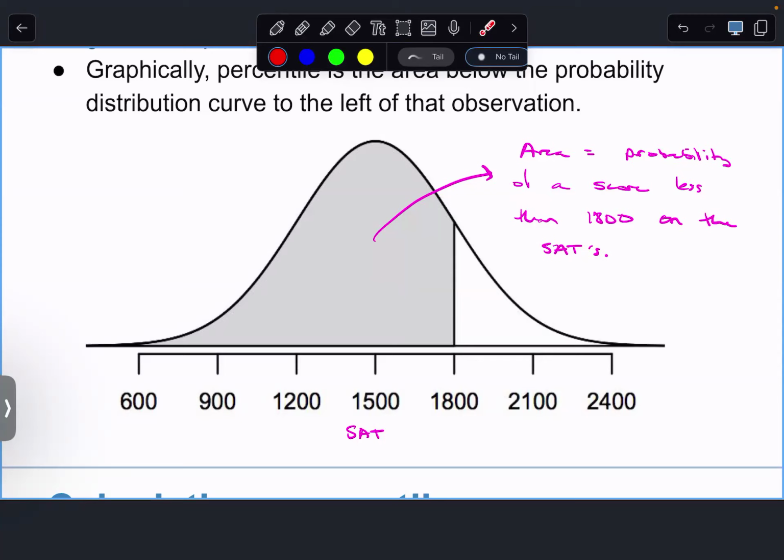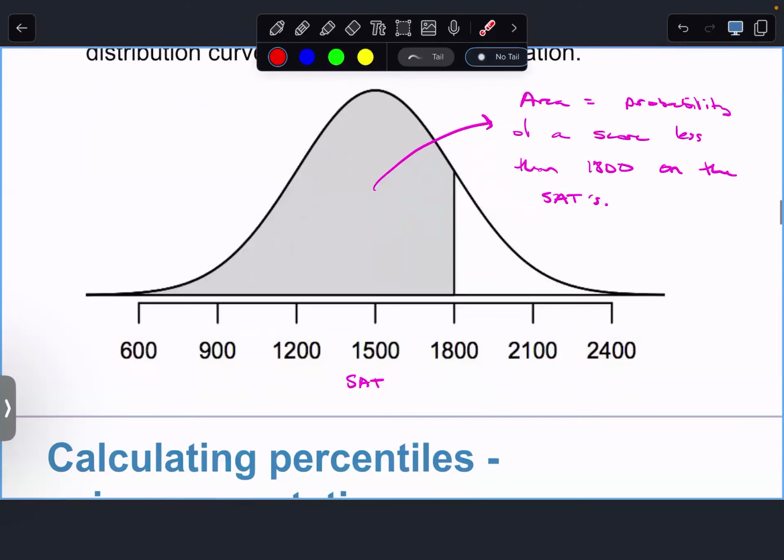Well, if I know that the total area is 1, and I know the area to the left is 0.8, let's call it, what's the area to the right? Must be 0.2, right? Complements. We don't call them that. We know what they are. We use them already, but right, and so that's how we're going to leverage this. Okay.